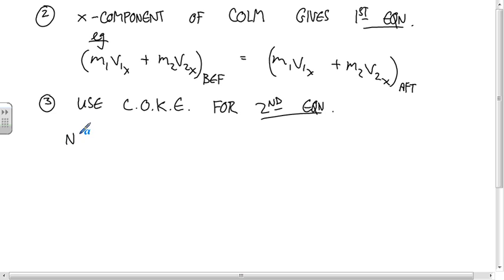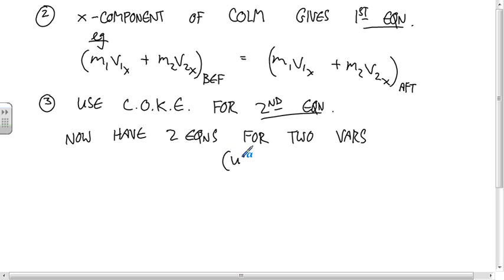So once you do that, you have two equations for two variables. Those two variables are usually going to be v1x and v2x after the collision.